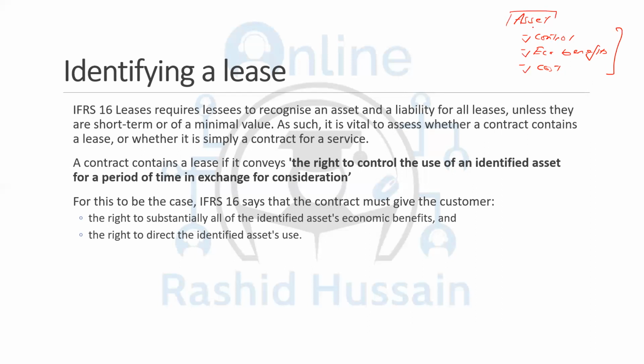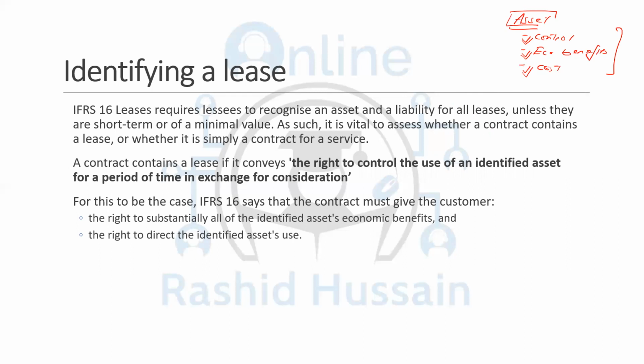So why were they recording that as an expense in the operating lease? That was the discussion over there. So they actually demolished the previous treatment, because that was not adhering to the definition of the asset.